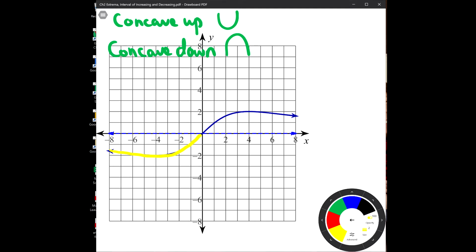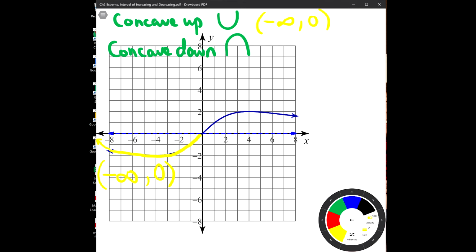And don't forget this is the asymptote at y equals 0. So your graph keeps going, but it gets very close to 0 but never passes the x-axis. So for this part you have concave up, and the interval will be negative infinity to 0.